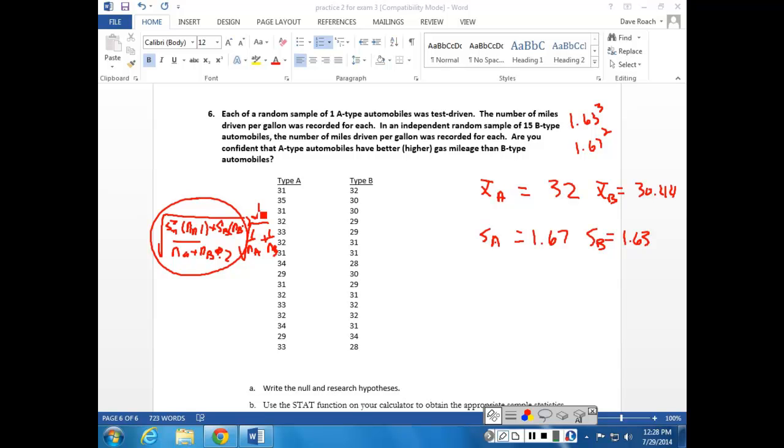Okay, so we do know that the degrees of freedom is going to be NA plus NB minus 2. It says that there are 15 up here, and then there's no number there. But on my calculator it says I have sample sizes of 16.